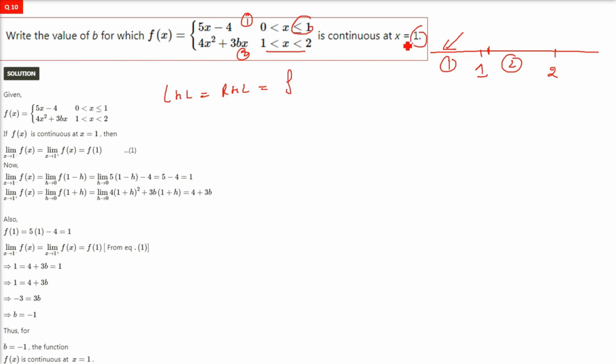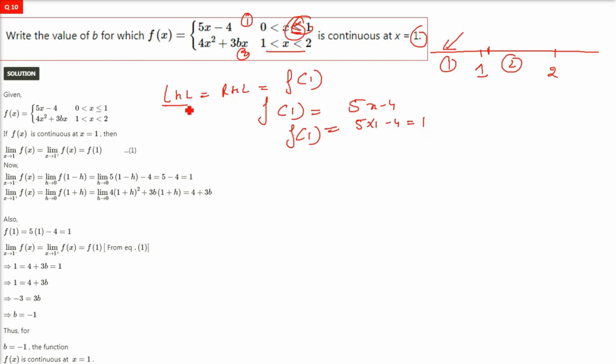Before going ahead, f(1) is what? Where is the equality sign? It is at 5x minus 4. So just put 1 in place of x. So 5 into 1 minus 4, that is going to be 1. f(1) is 1. So LHL and RHL we will equate to 1.